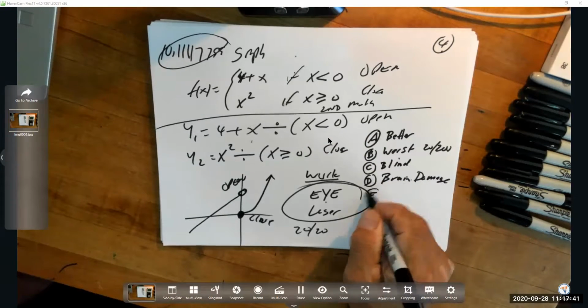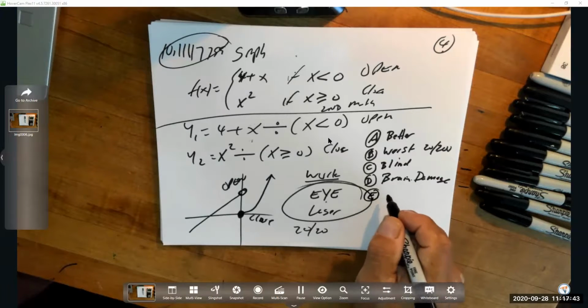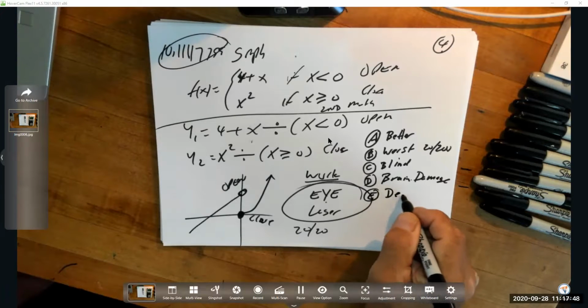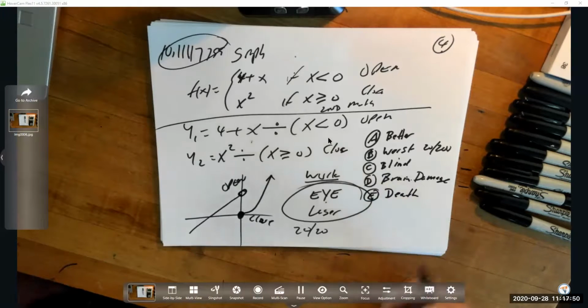Or E, if it goes way too far, all the way back inside your head, keeps going, shoots out the back, you could cause this also. All right, so you can see better, maybe. The vision could be worse, yeah. You could become blind, yes. You could get brain damage, yes. Or if it goes all the way and burns inside your brain, you could have death.